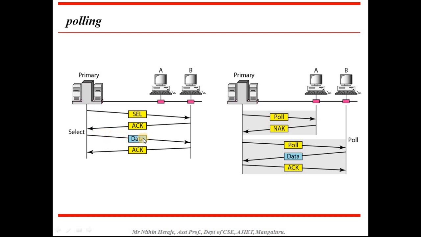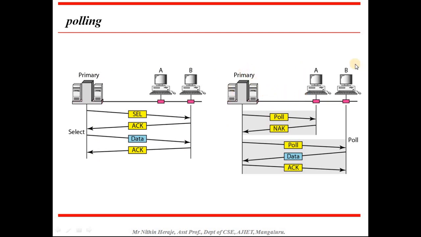Once station B receives all the data from the primary station, station B will send an acknowledgement back to the primary station, saying that data has been received successfully. So this is about selecting, and here we have one more diagram which is meant for polling.